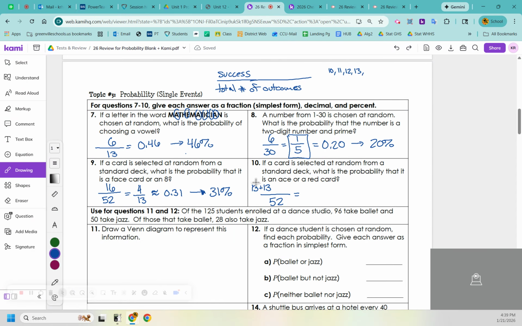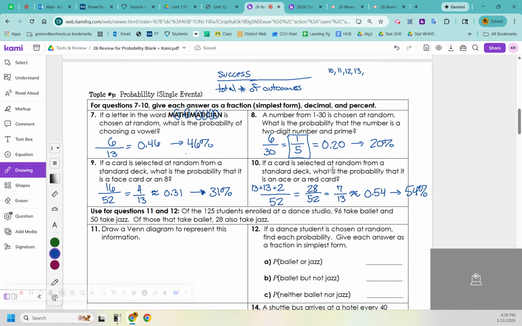So these are my red cards, and then add the 2 black aces. 13, 13, that's 26, 27, 28. Which is 7 out of 13. Or if you make it into a decimal, 0.54 by rounding, or 54%.